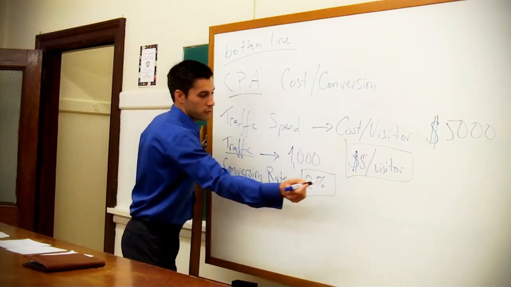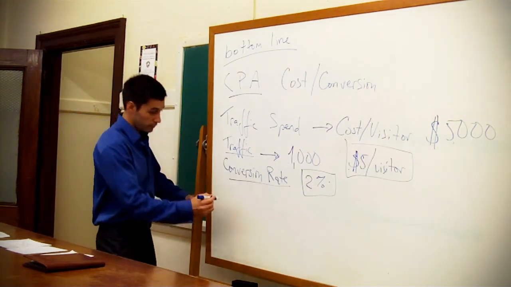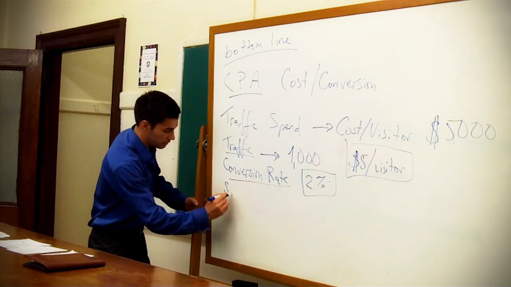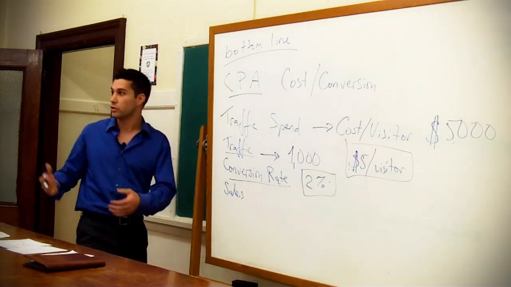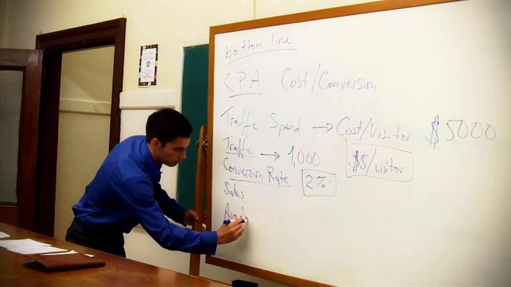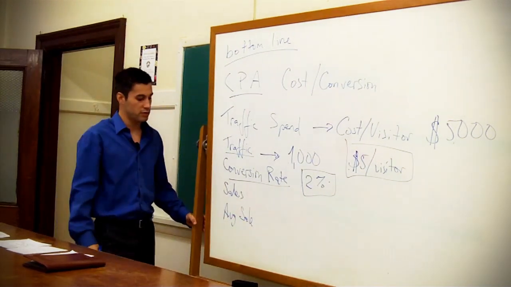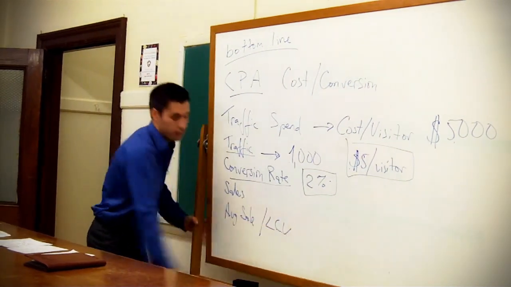We have your cost per visitor, your conversion rate. And then what results is you have X amount of sales and an average sale amount, average sale and lifetime customer value.